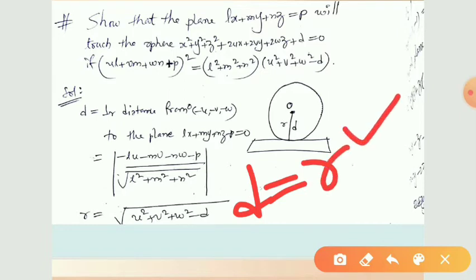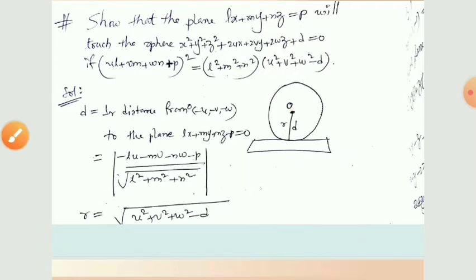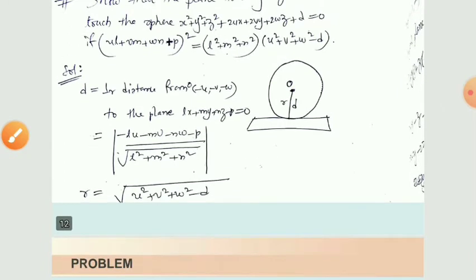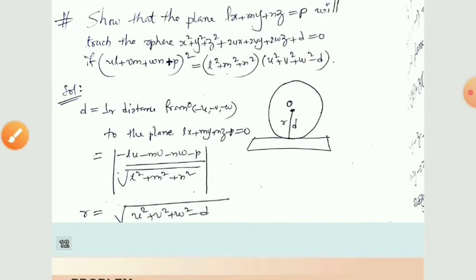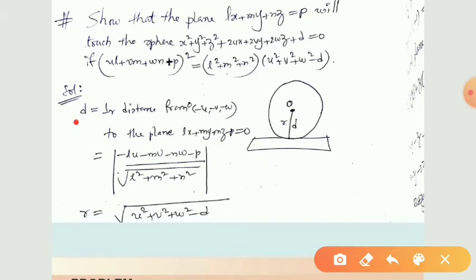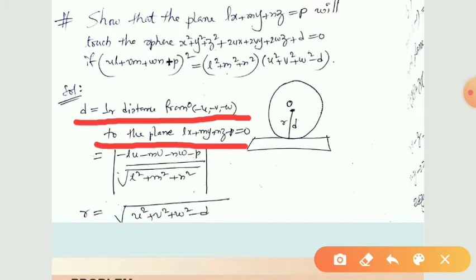R is the radius of the sphere and D is the perpendicular distance from the center to the plane. So, here D is the perpendicular distance from the center of the sphere minus u, minus v, minus w to the plane Lx plus My plus Nz minus p is equal to 0.